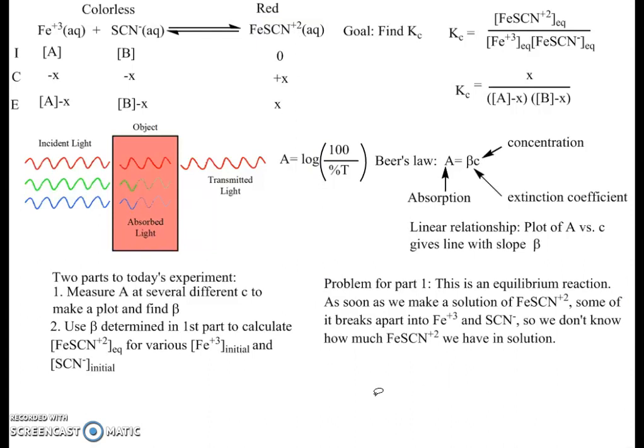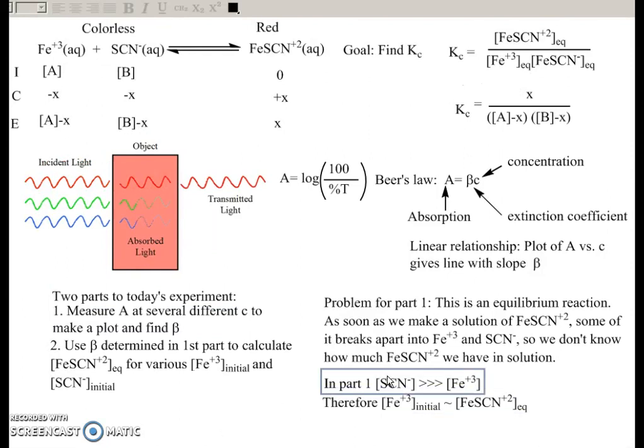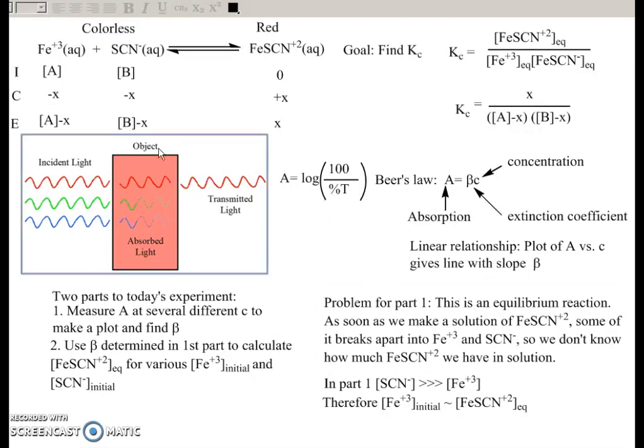The way that we address this is by adding a huge amount of the thiocyanate compared to the Fe plus 3 in part 1. So in part 1, the concentration of my thiocyanate is much, much greater than the concentration of my iron plus 3 at my initial conditions.